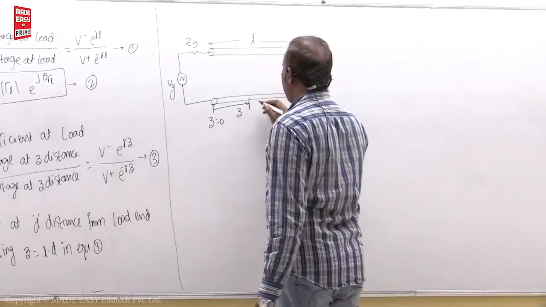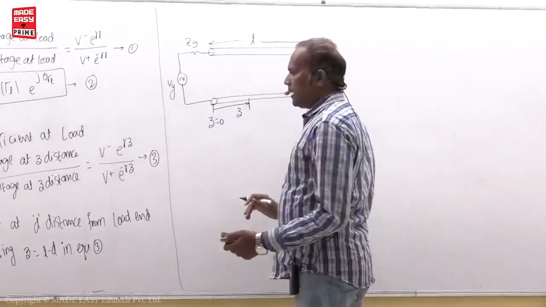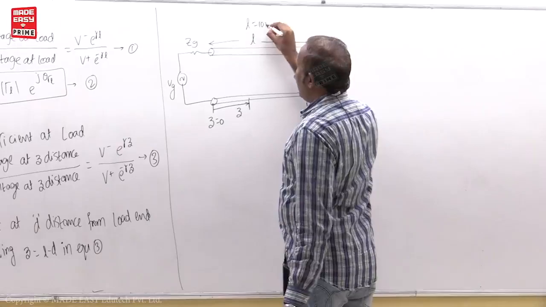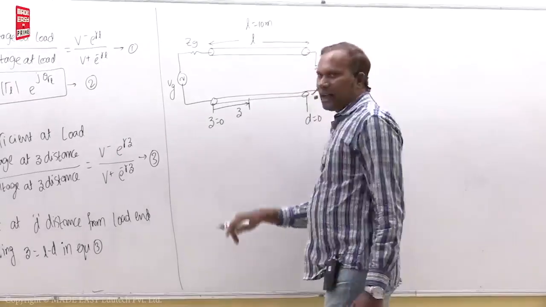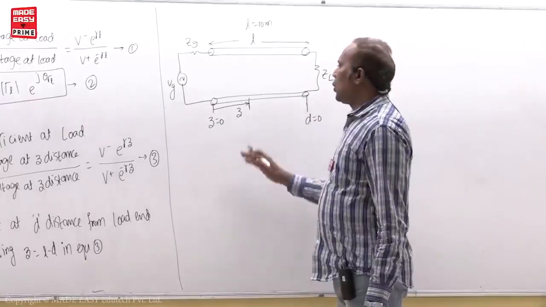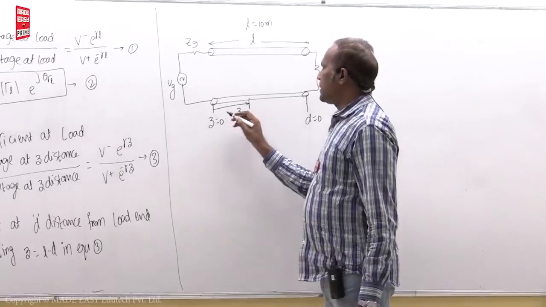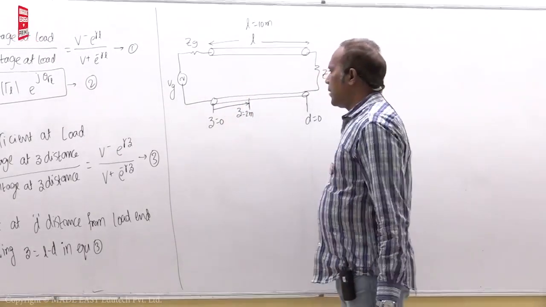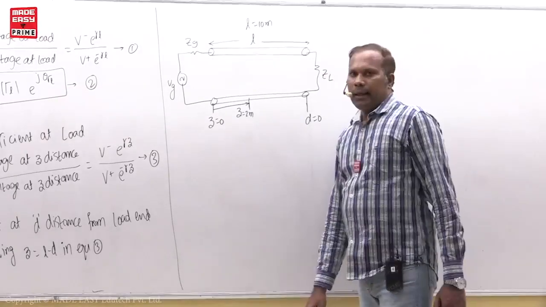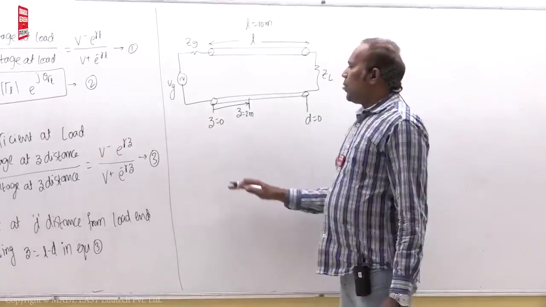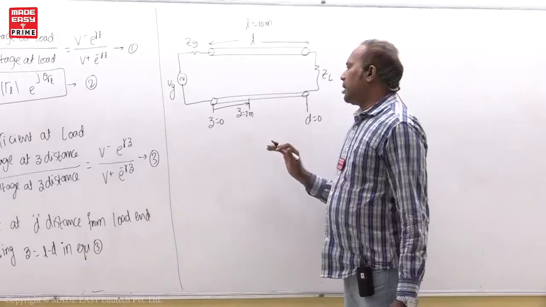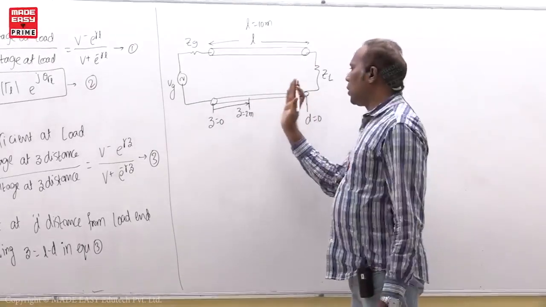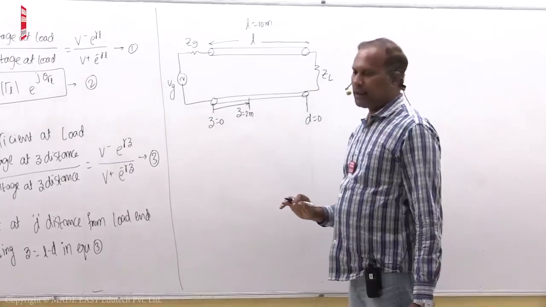Now I will explain like this. For example, let us say the total length is 10 meters. One student asked me to calculate the voltage at Z equal to 2 meters from the source end. What I did was not calculate the voltage at 2 meters from the source end. I calculated the voltage at 8 meters from the load end.